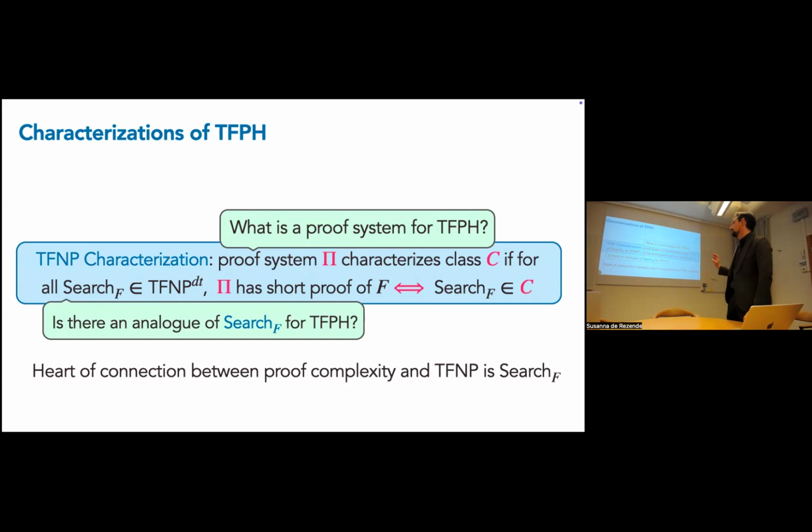And is there an analog of the false clause search problem for the polynomial hierarchy? Now we're going to be working with QBFs or formulas of higher depth. The reason is that the heart of the connection between proof complexity and TFNP was this false clause search problem, which we're going to develop an analog for.